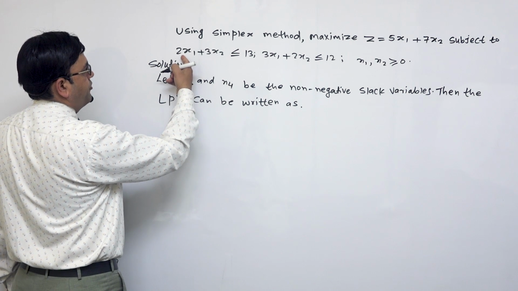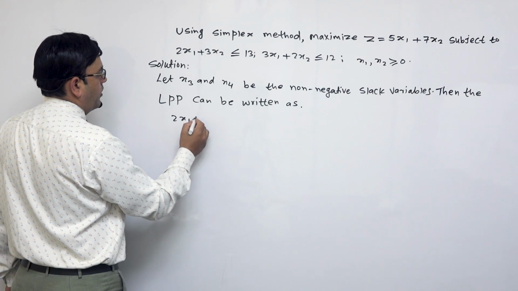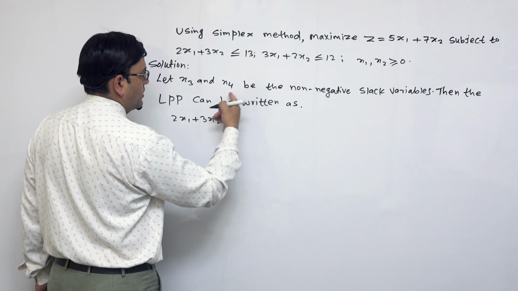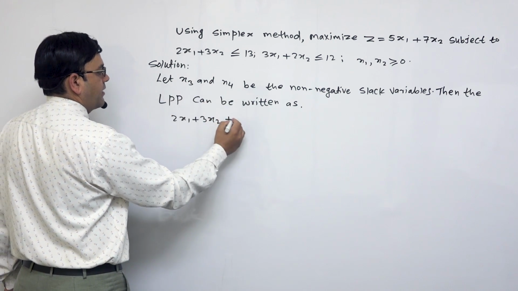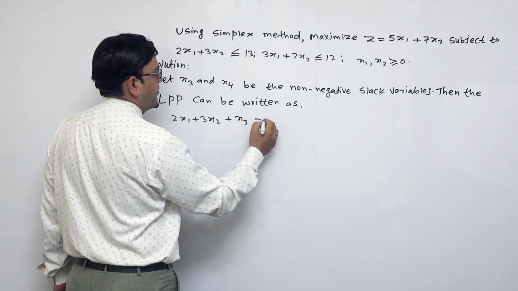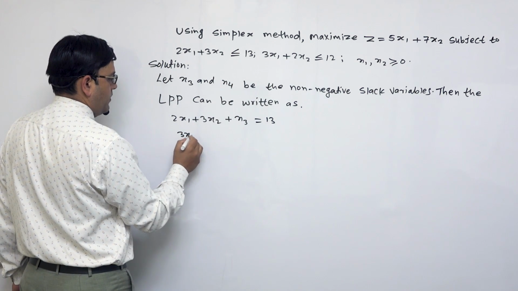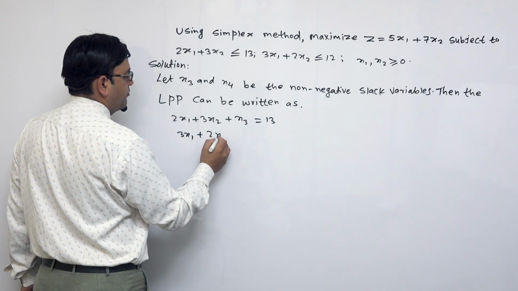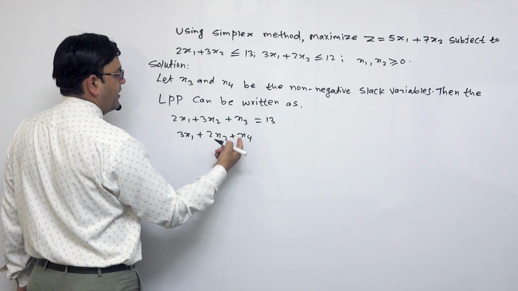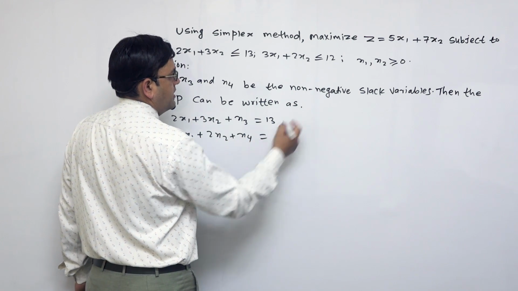At first we have 2x1 + 3x2, so we write 2x1 + 3x2 plus another slack variable x3 is equal to 13. Next, 3x1 + 2x2 + x4. Here is x3 and here is x4, these two are non-negative slack variables. This is equal to 12.